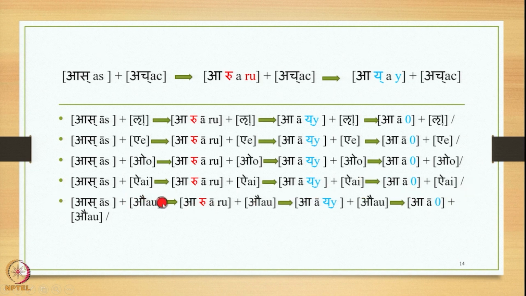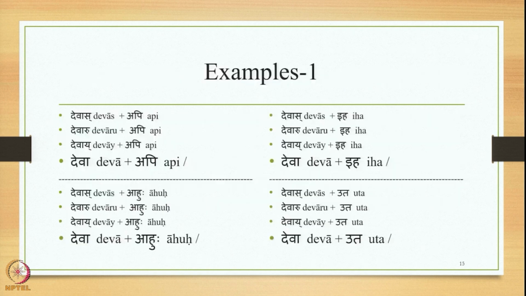And finally, as plus au is the basic input, from which is derived aru plus au, then I plus au, and finally a0 plus au optionally. These are the template examples, and now let us study the concrete specific examples which illustrate these templates.